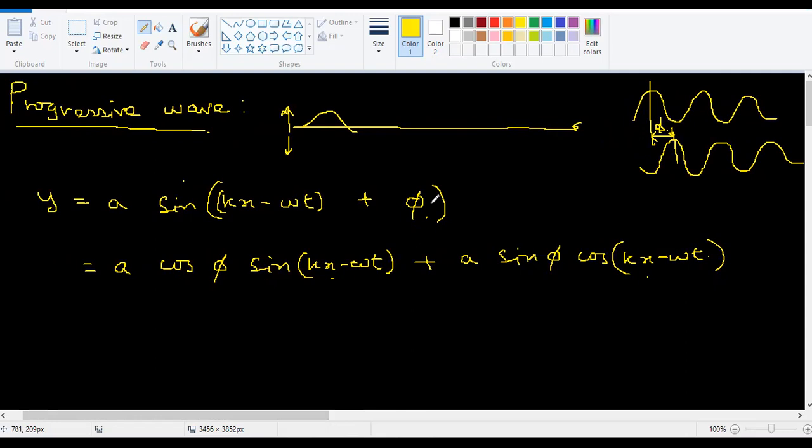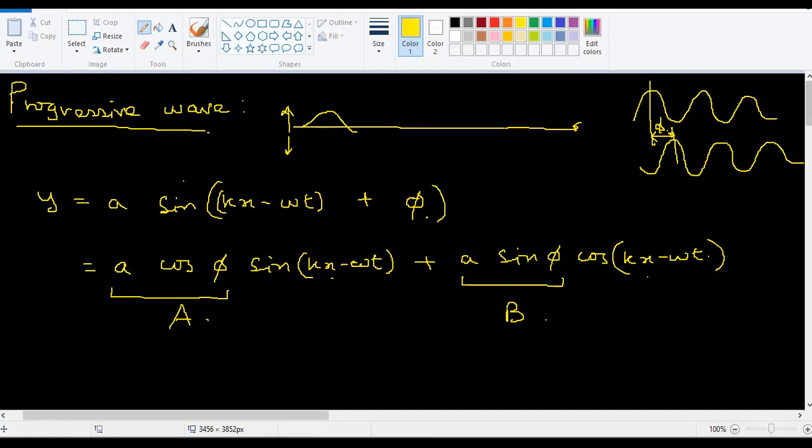Resultant amplitude and phase difference. How do I do this? A squared plus B squared. I'm taking this as A and this as B. A is the amplitude of the first wave, B is the amplitude of the second wave.